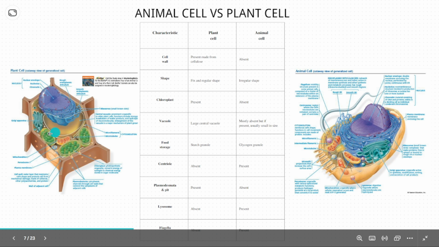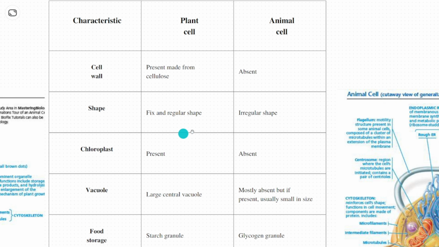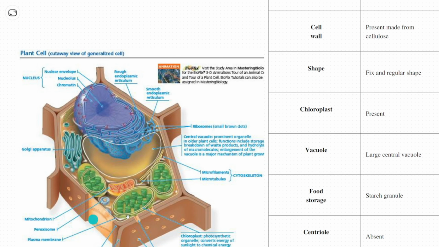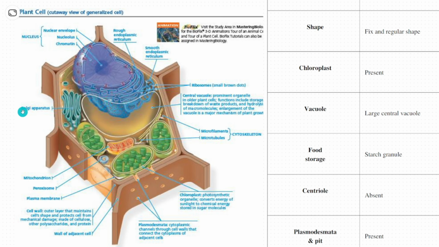Plant cells contain a cell wall and animal cells do not. That is why one of the differences is the shape. Due to the cell wall, the shape of the plant cell is fixed and regular.